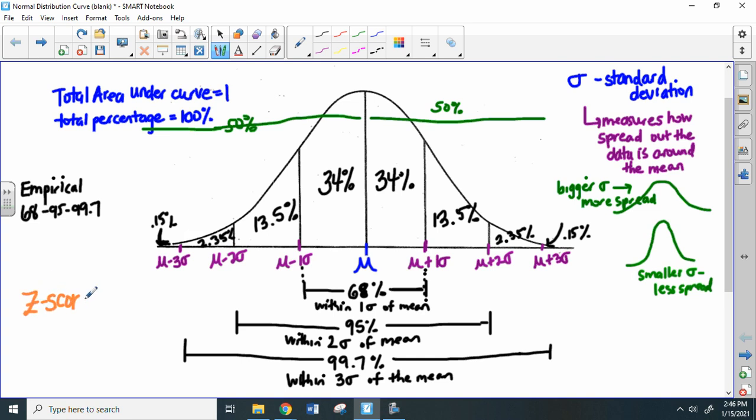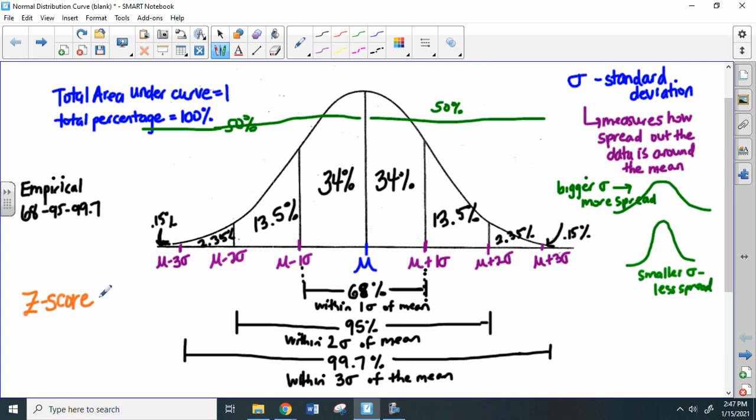Okay, now Z-score is basically a way to, in a sense, figure out your location on like the number line of a normal distribution. Okay, it kind of helps you figure out your location. And it basically tells you how many standard deviations you are from the mean.